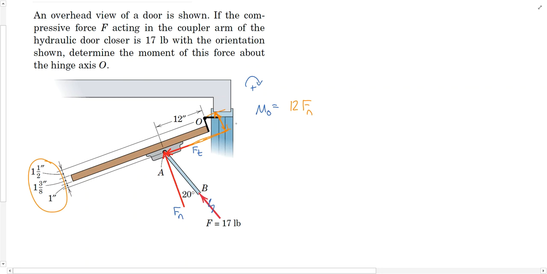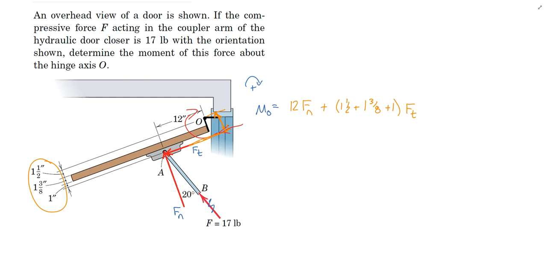And it's also going to be a clockwise rotation. When this force goes past point O, it's going to tend to create a clockwise rotation. So that's also positive. So we have a plus 1 1/2 plus 1 3/8 plus 1 times Ft. They're both positive, and all we need to do now is substitute.